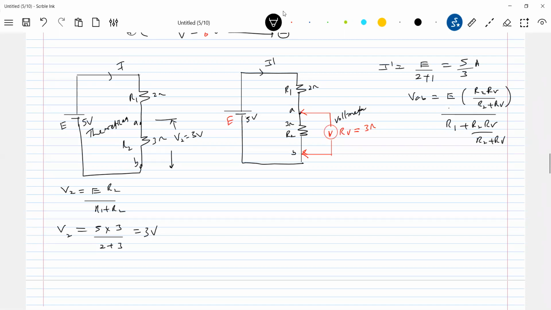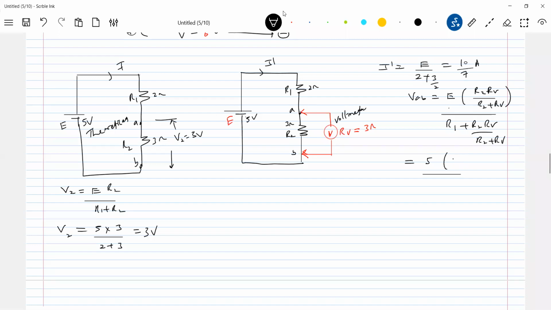Because the resistance of the voltmeter and the resistor are in parallel. Substituting, this will be 5 volt. Sir, I dash should be 10 by 7. Okay, this is 5 volt, and 3 ohm parallel 3 ohm will be 3 by 2 ohm, no? This is 10 by 7.